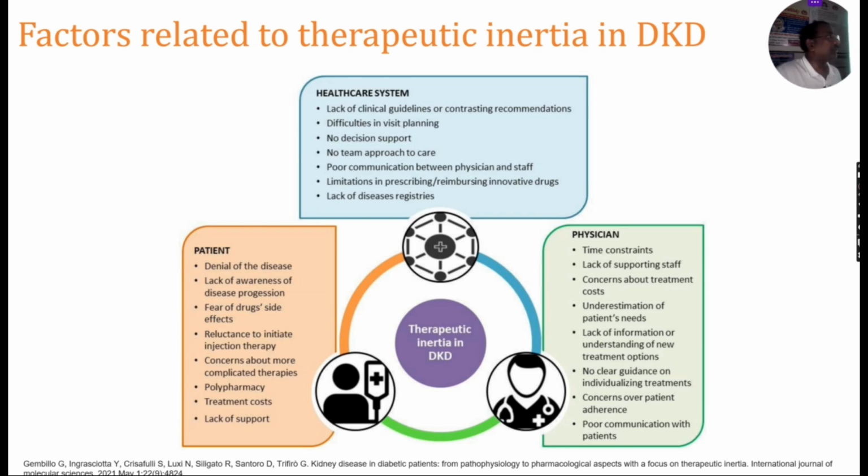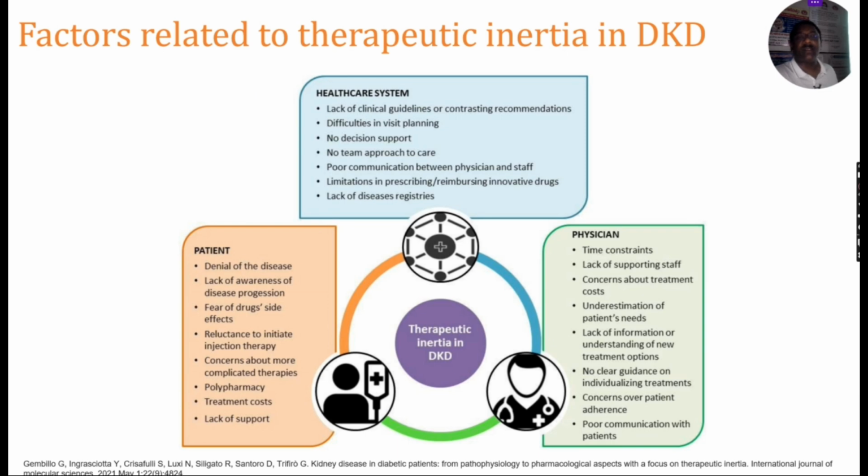Very good drug, but the cost is about 100 rupees a day. 10 milligrams and 20 milligrams are available. When the GFR is more than 60, you can start with 20 milligrams. When the GFR is less than 60 or 30, you reduce the dose to 10 milligrams. Very beautiful drug, but because of cost constraints, we may not give the same prescription to all the patients. That is also very important.